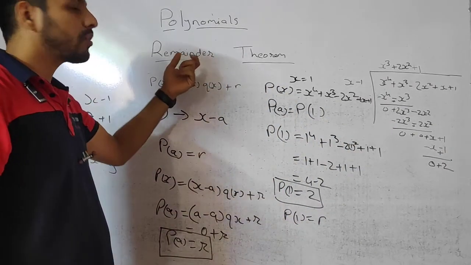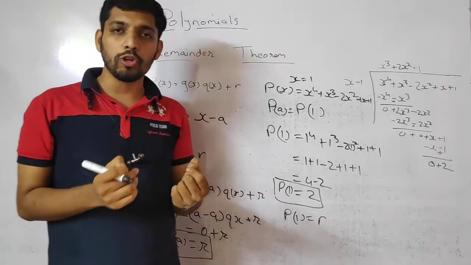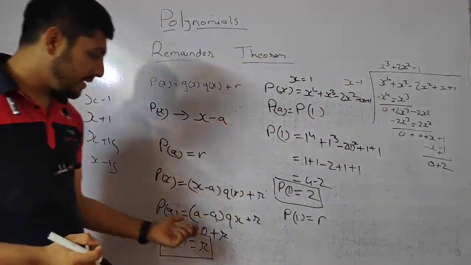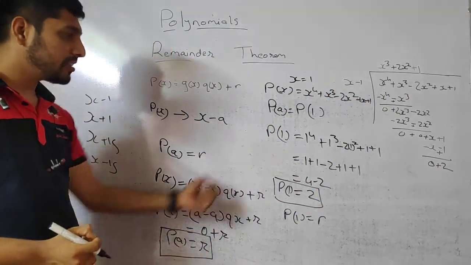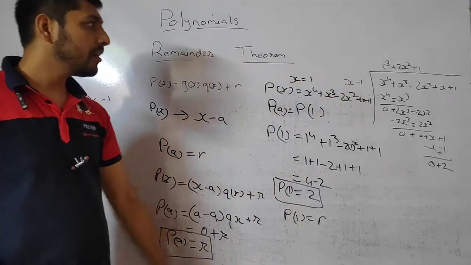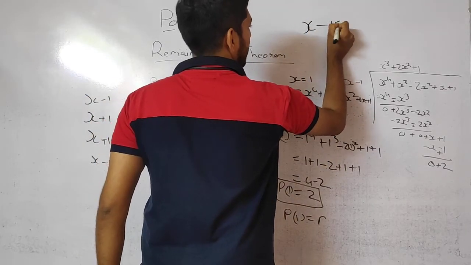So this is what the remainder theorem is about. Whenever you are asked to find the remainder of any particular polynomial and the divisor is a linear term, then you can directly find out the remainder in this manner. You can directly find out what the divisor is, and based on that you can find the remainder. Suppose you are given x minus 15.